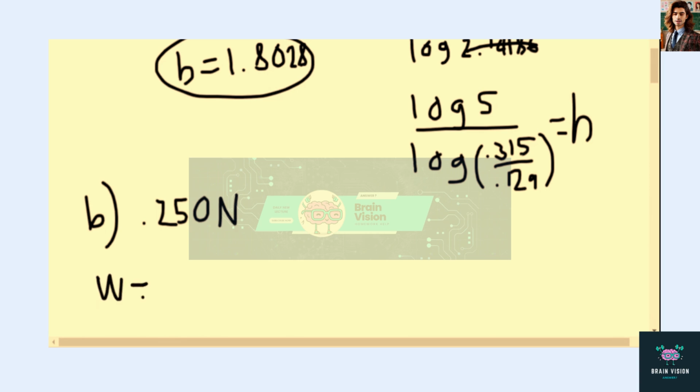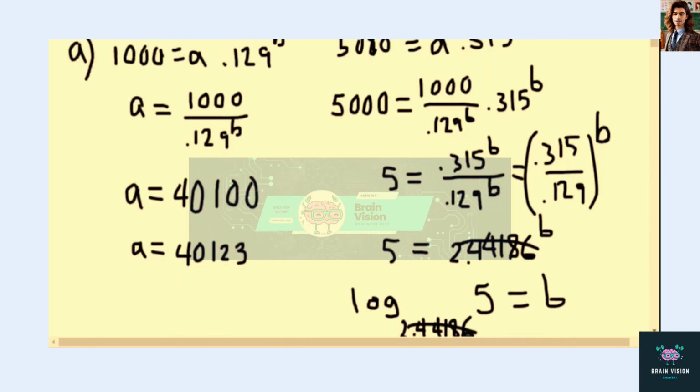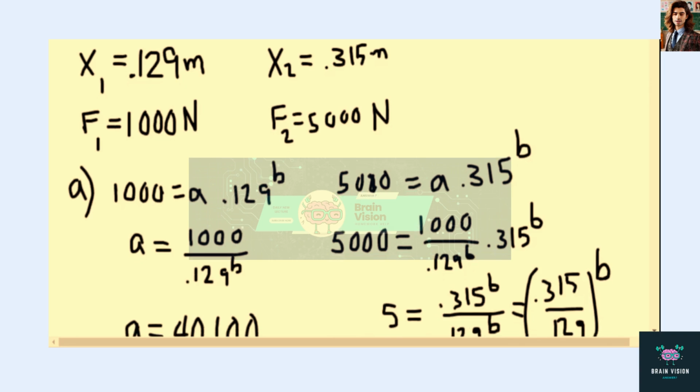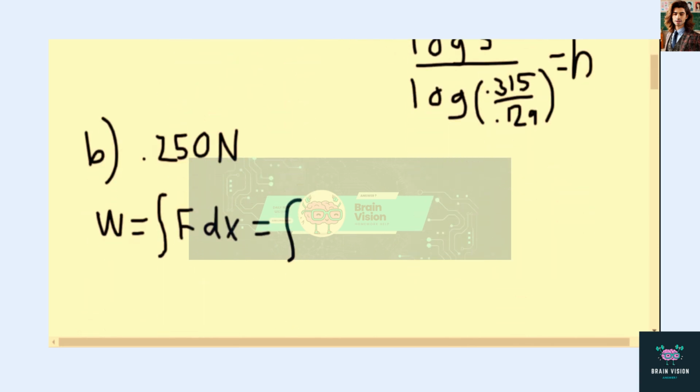The work is the integral of the force dx, which would be the integral of ax to the b power dx from 0 to, my goodness, centimeters. No, that's meters. 0.250 meters. Okay.